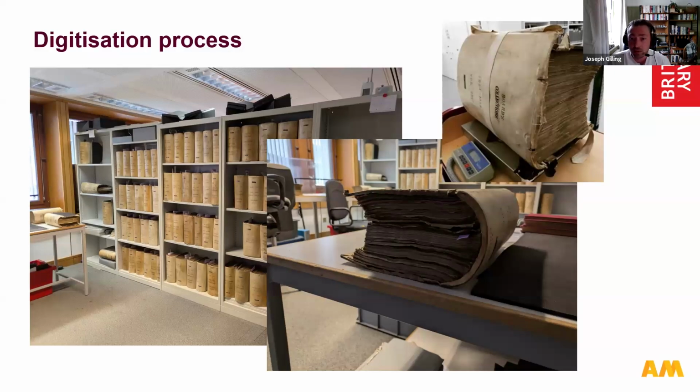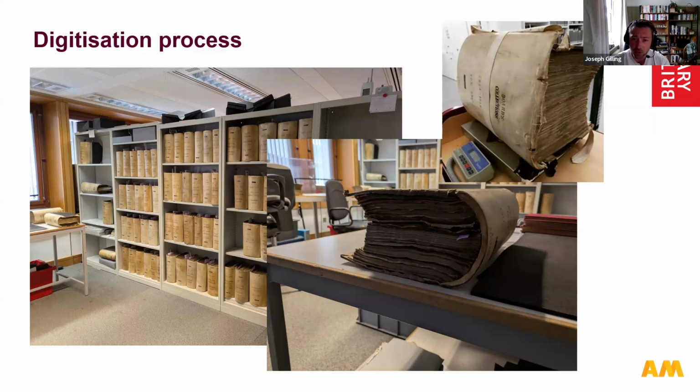On the left here, you can see some of the storage space within the AM studio, where we have a stockpile of items that have already been through conservation or are ready to go. This is essential in order to ensure a sustained output of images. It's a very high throughput. There are thousands of images captured every day, multiple tens of thousands captured on a weekly basis.